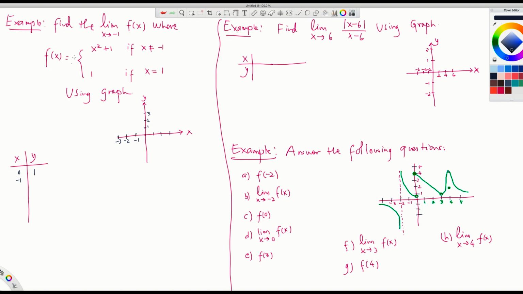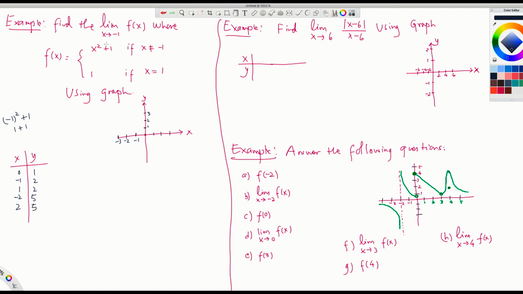At -1, what is the value of the function f of x, or the y value? -1 squared plus 1, that is 2. Similarly, at +1 it is 2. At -2, -2 squared is +4, plus 1 is 5, and at +2 it is 5 as well.